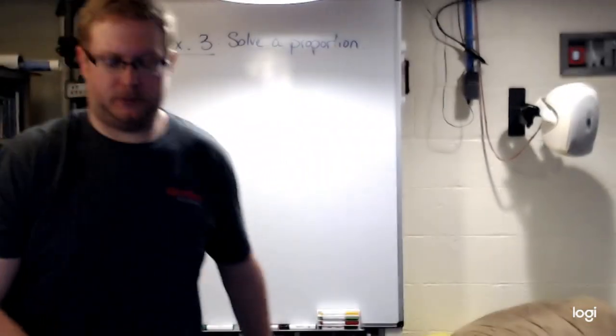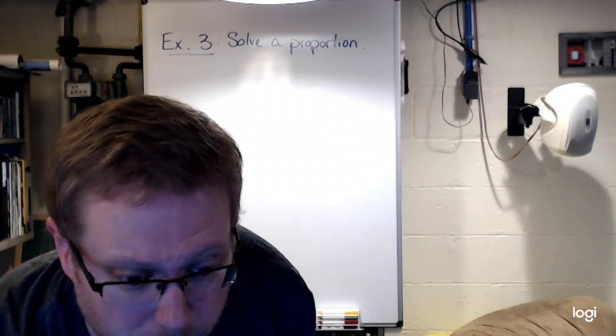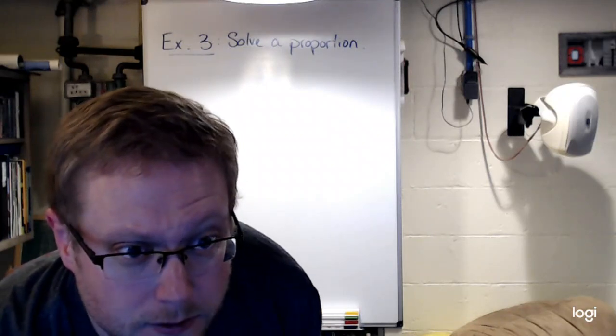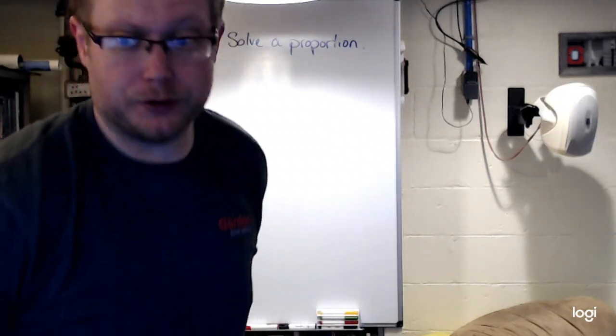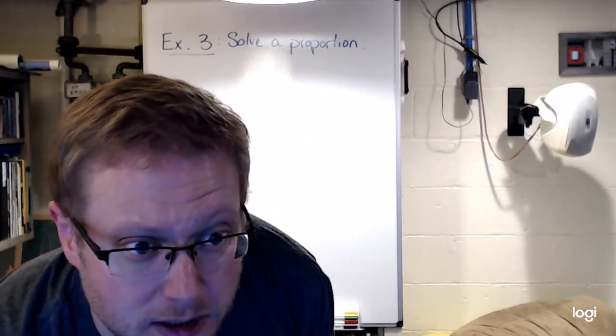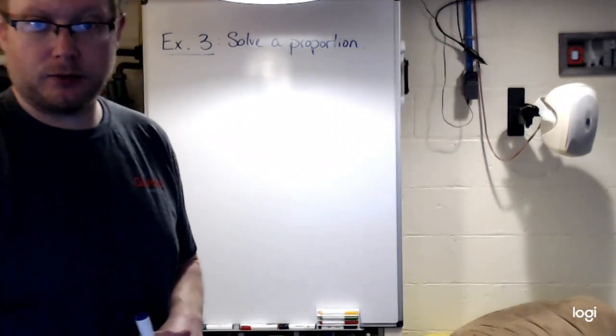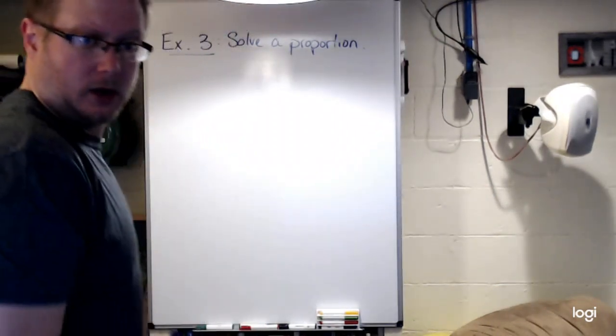All right, let me pull up my next example. If you're following along with me from your sheet, I am in the middle of page 113, looking at guided practice 3A and 3B. Let me go ahead and write these down.